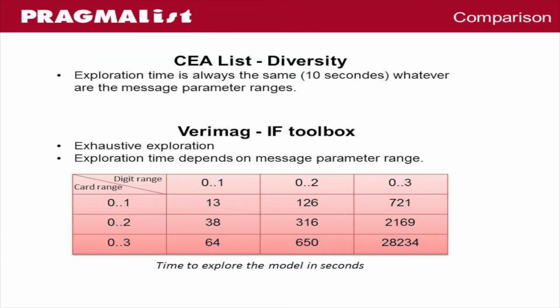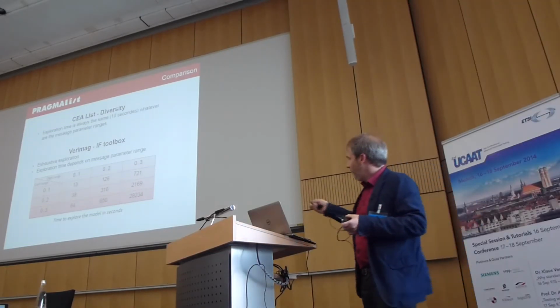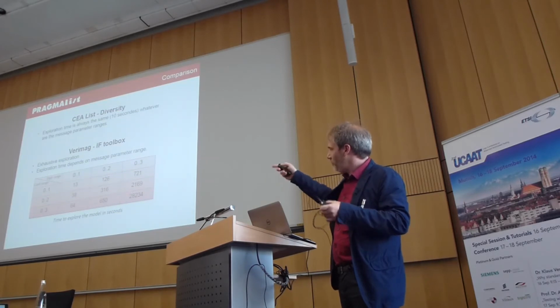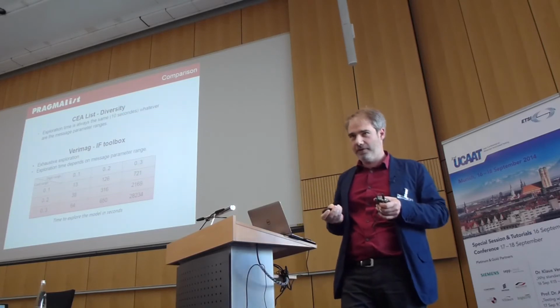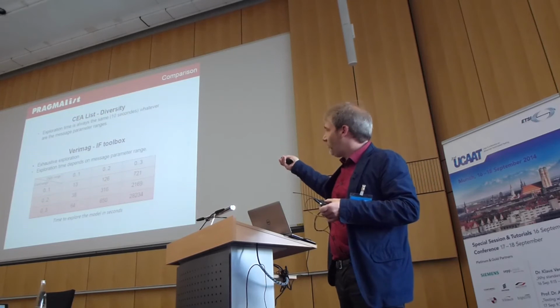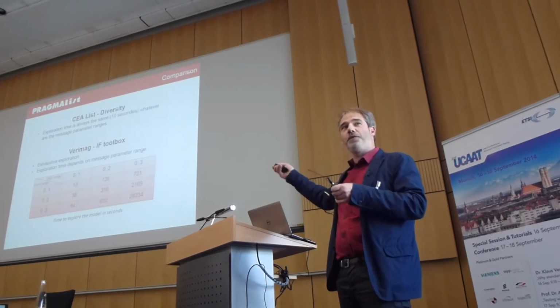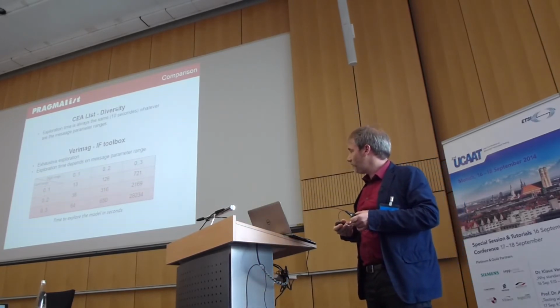The number of digits you can type is only 0 and 1. 3 digits, but only a combination of 0 and 1, like a binary code. And if you do that, so restrict the number of cards and the digit range, you come down to 13 seconds. Okay? But it's very restricted. So that's about the time you get with this symbolic resolution. So it's even more efficient than with a very good restriction of an exhaustive simulation tool.